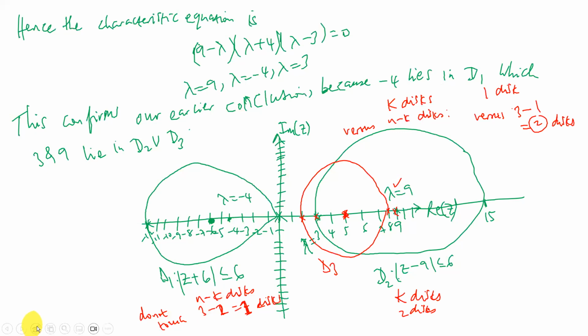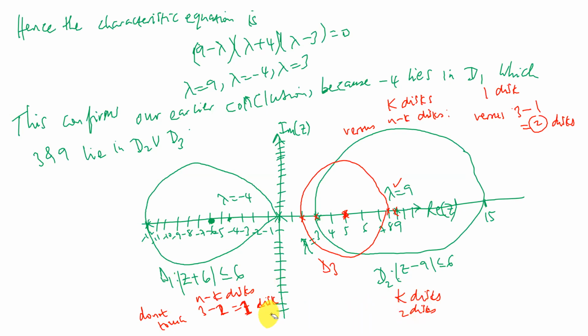So if the 2 disks do not touch the other, yeah, right.